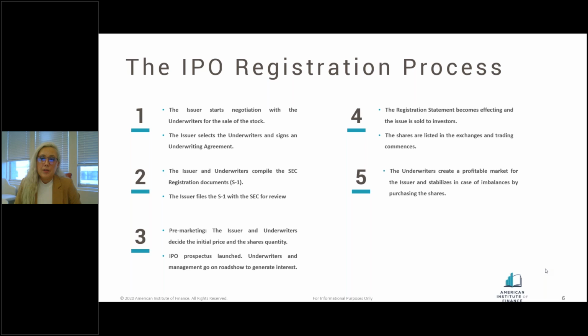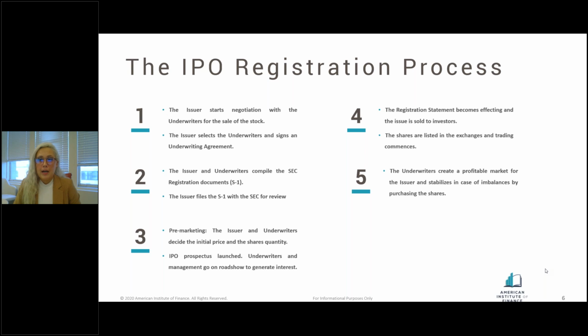After some negotiation, the issuer selects the underwriters that will take the company public, and they sign an underwriting agreement. Then secondly, the issuer and underwriters will compile the SEC registration document, which is also referred to as the S1 registration.